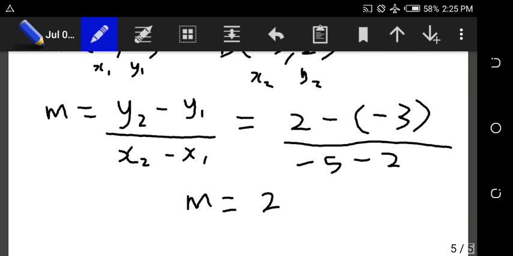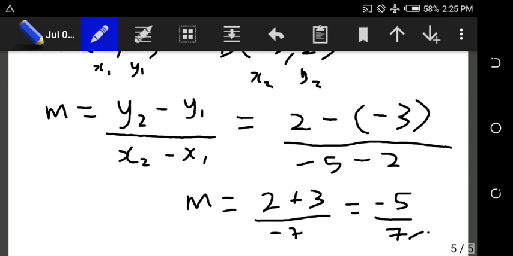Now minus into minus 3, that is minus times minus, gives us plus 3, all over minus 5 minus 2, which gives us minus 7. Altogether, 2 plus 3 is 5, so we have 5 over minus 7, and this becomes the gradient of this line.